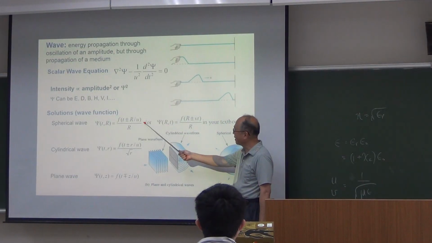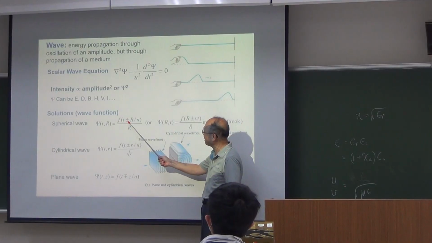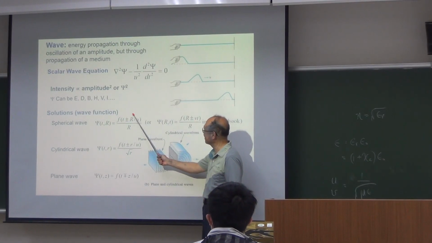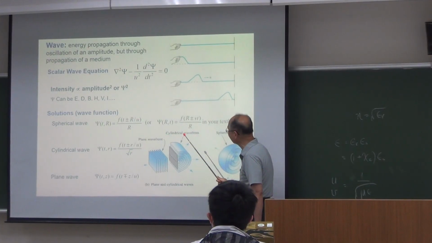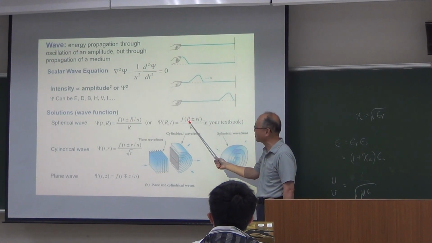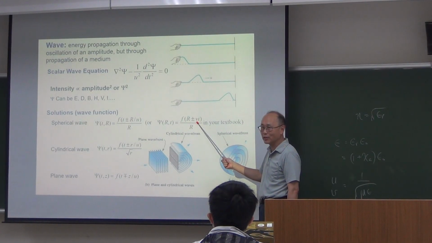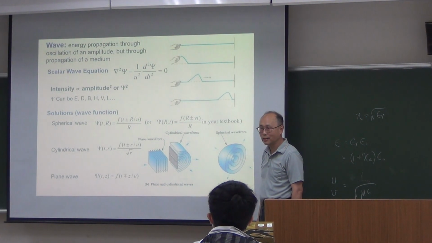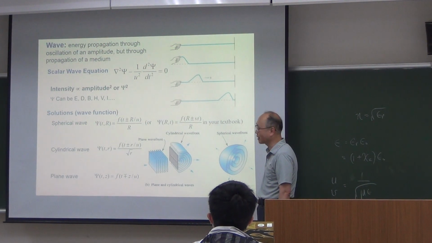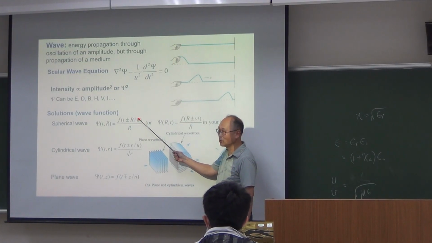Spherical wave. This solution has a form like this. It's a function of time and space, but the argument is always like this. In your textbook, it's written like this: r is position, t is time, v is the velocity. In this set of slides, which I extracted from some engineering textbook, the velocity is written as u.